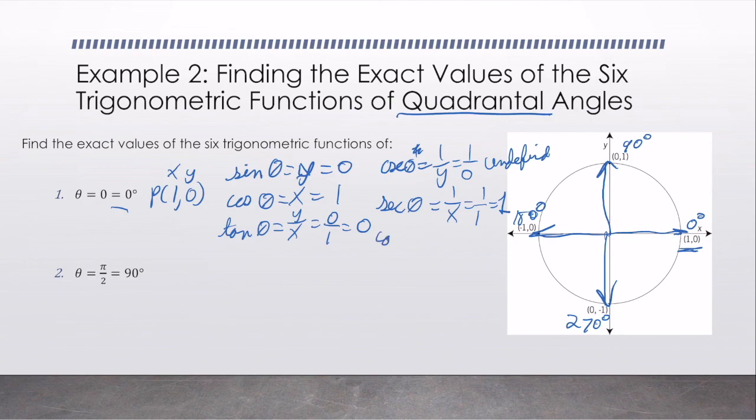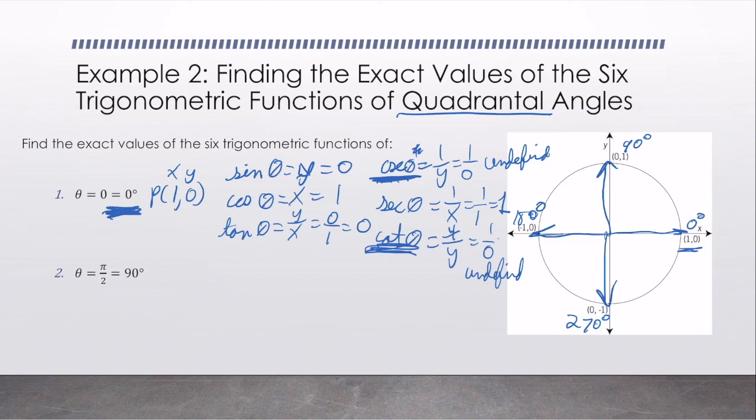And cotangent of theta equals x over y, which is 1 over 0, which is undefined. So a theta of 0 degrees has undefined cosecant and cotangent.